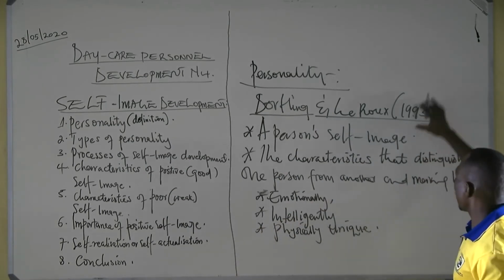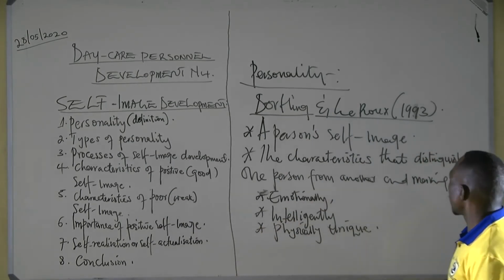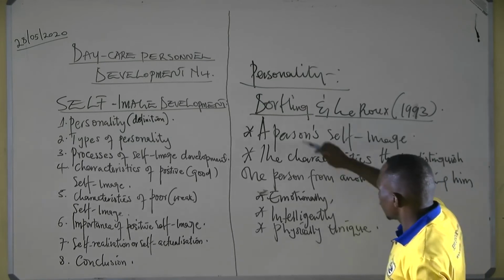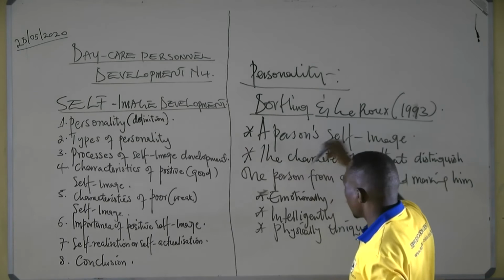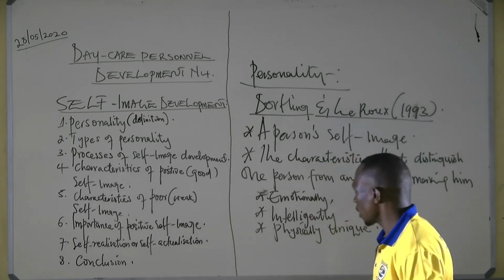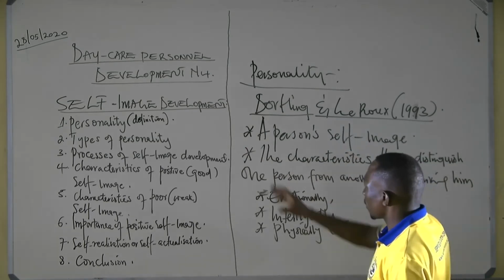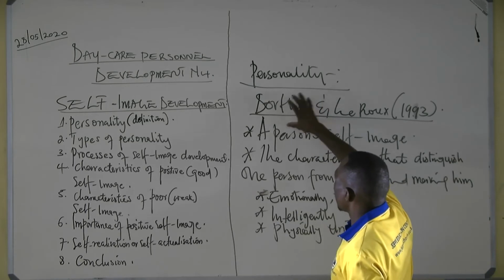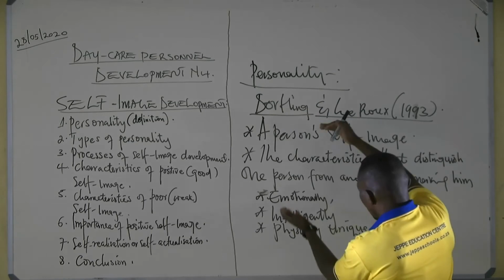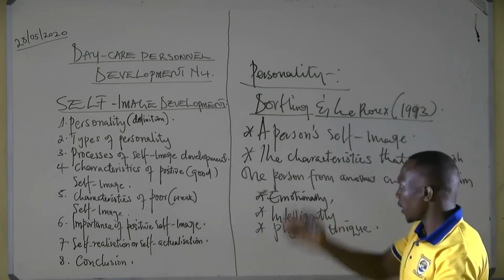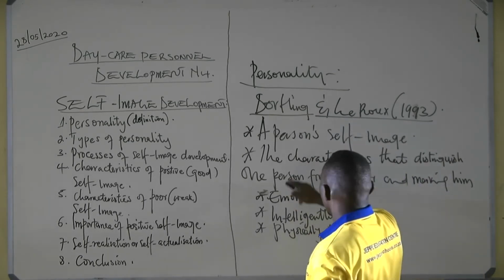One is Dev4 and the other one is Lerot. They came up with a book which they produced in 1993 and tried to summarize the term personality by giving these two definitions. There are so many definitions about personality produced by these two gentlemen, but significantly, these two try to summarize all the other ones.